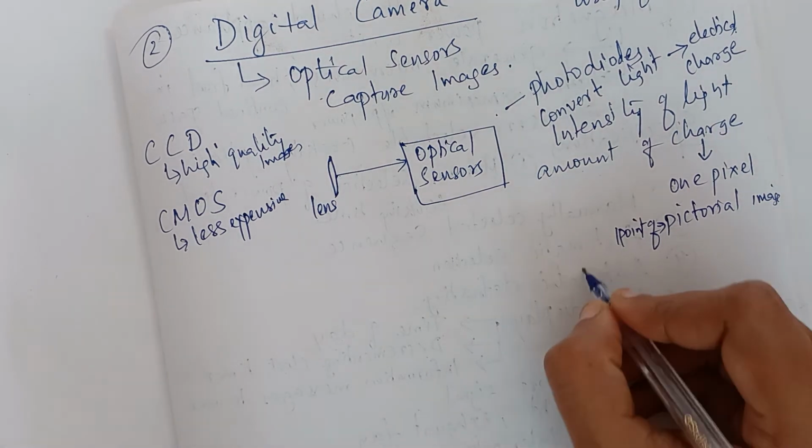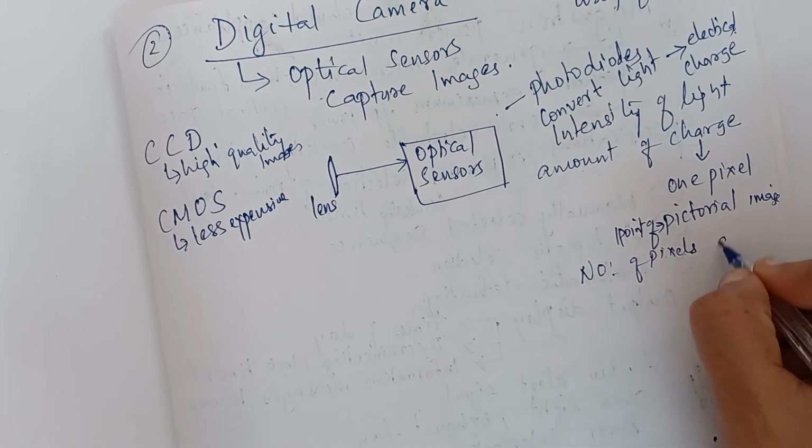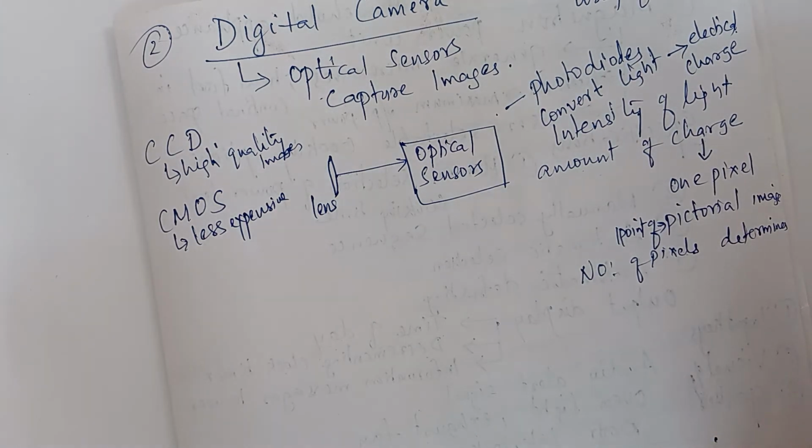The number of pixels decides the quality of the picture. The number of pixels determines the quality of pictures that can be recorded and displayed.